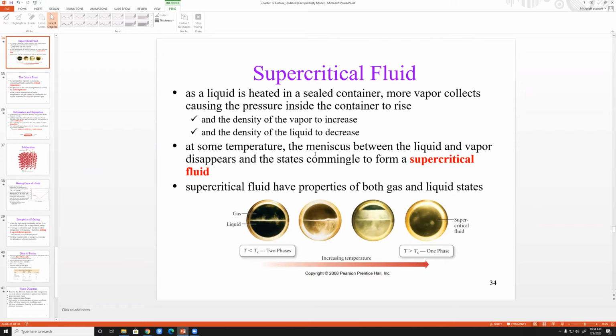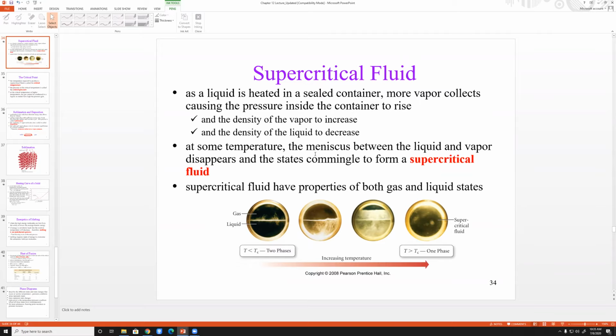So how's a good way to explain this? It basically is like a gas and a liquid, but it has a pressure to it. It's kind of like a liquid and a gas put together. There's no meniscus. It wouldn't be a normal liquid. It would be liquid at a very high temperature, but because the pressure is keeping it in check, it won't turn to a gas.